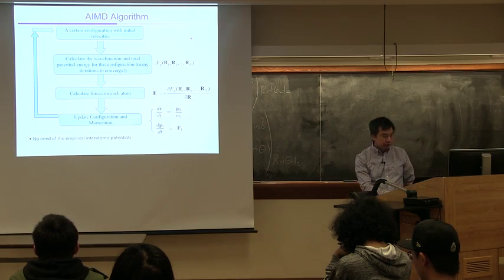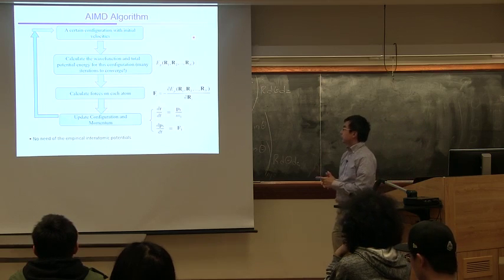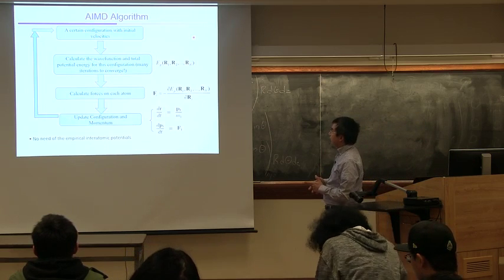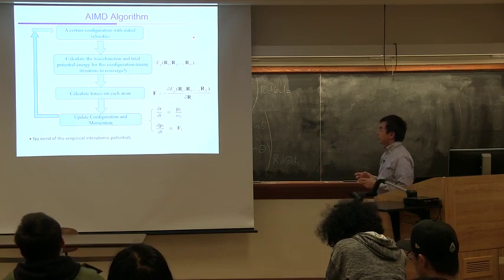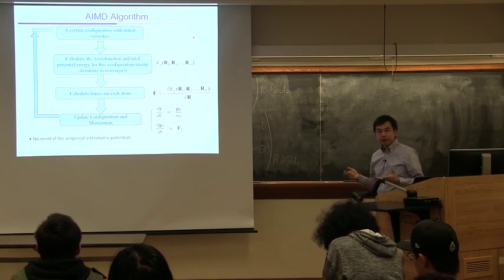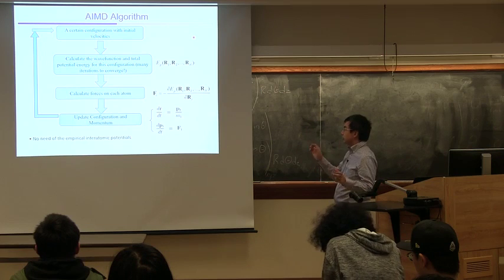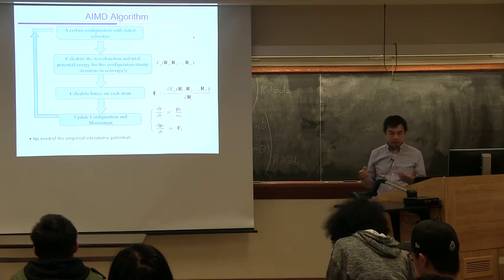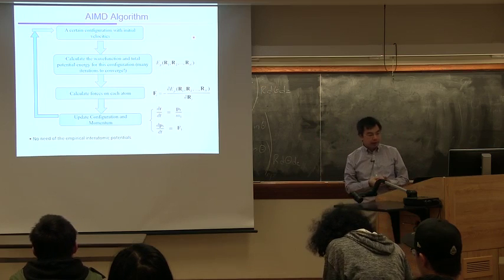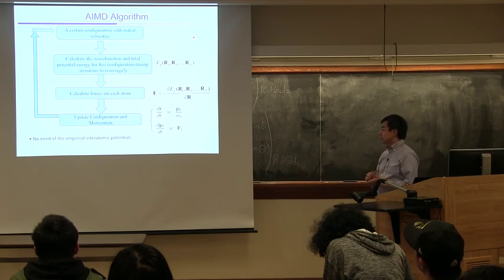Okay, so what's the flow chart of an ab initio MD simulation, right? Now when you run an MD simulation, we again need a certain initial configuration and the initial velocities, right? Then we need to calculate the forces so that determines the acceleration, and determines their velocity and the next position, right?